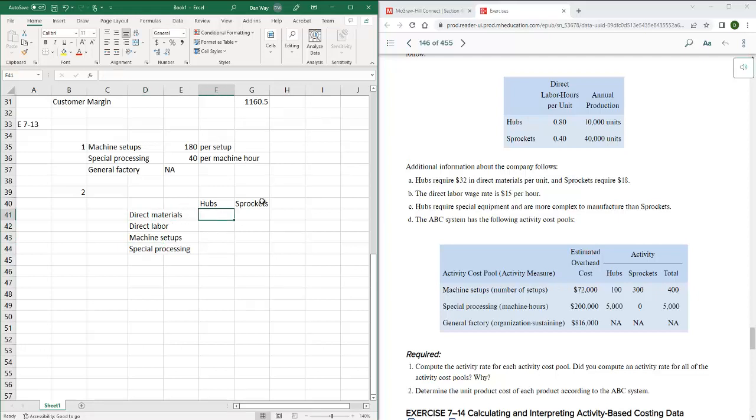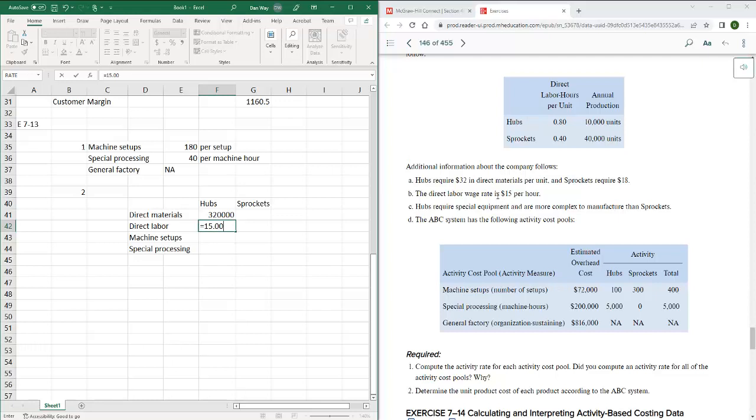So let's start with the hubs. Those things take $32 in direct materials per unit, and throughout the year we expect to make 10,000 units. So 32 bucks times 10,000, and there's our total direct materials cost of 320,000. Direct labor, we have a wage rate given in B of $15 per hour.